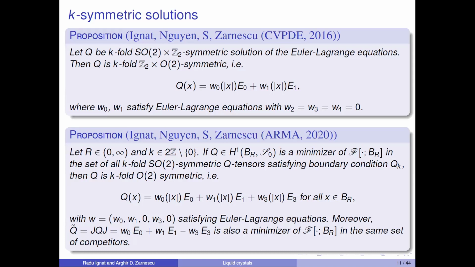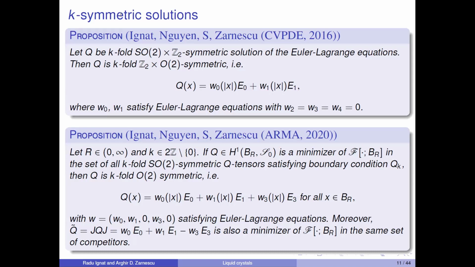And then you see that the minimizers satisfy this more general symmetry, the O2 symmetry. And you have, in some sense, non-uniqueness phenomena, because if you just change the sign of W3 to minus W3, you also get the same energy. So that's already providing you a statement of non-uniqueness.